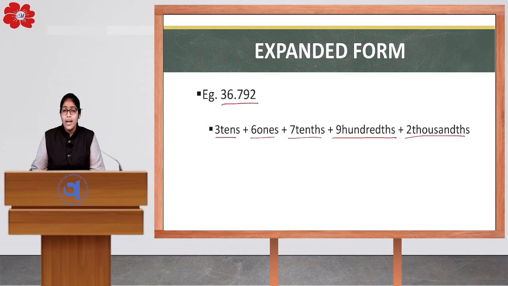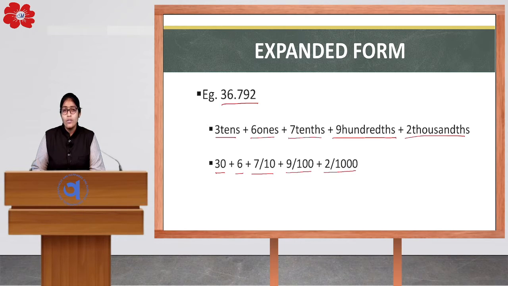You can see that I have written its place values. Now I can write this number like this also: 30 plus 6. 7 tenths can be written as 7 by 10. 9 hundredths can be written as 9 by 100. Similarly, 2 thousandths can be written as 2 by 1000.